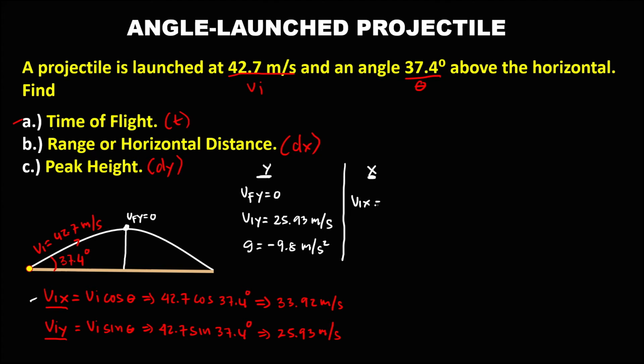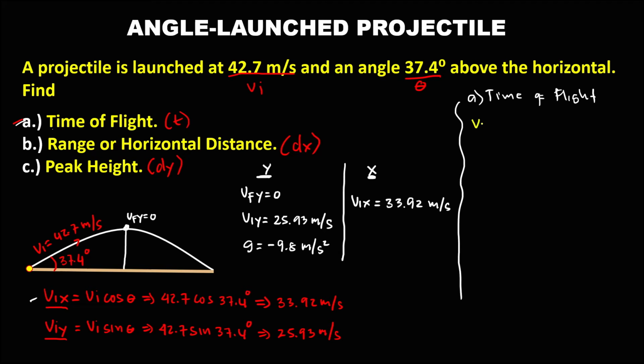And for x, we only have one given. The initial velocity for x, that's 33.92 meters per second. Then to find the time of flight, we have A, solve for the time of flight using this formula.